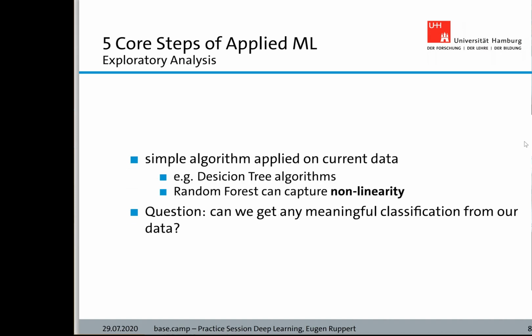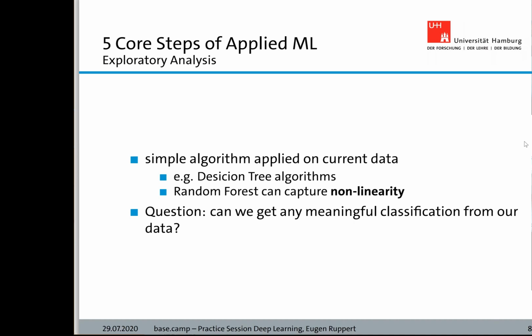For the exploratory analysis, you would just start with a simple algorithm that you apply on the data that you have. What is nice there is decision trees, because you can also look up how they actually work, where they make these decisions.